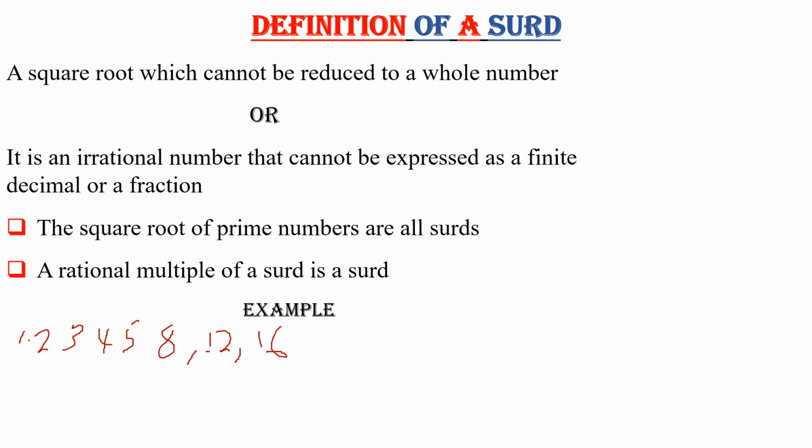Now let's have a look at these numbers. As you bear with me, these numbers are all whole numbers. Let's begin to put them under the radical sign and see the meaning they will make.